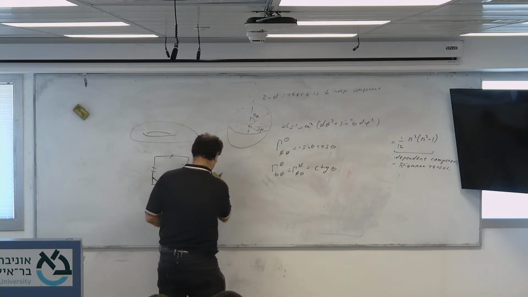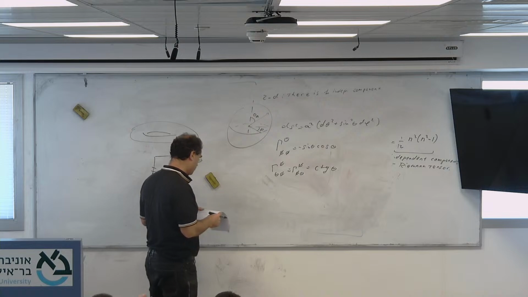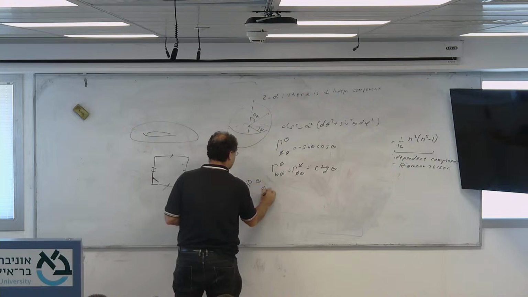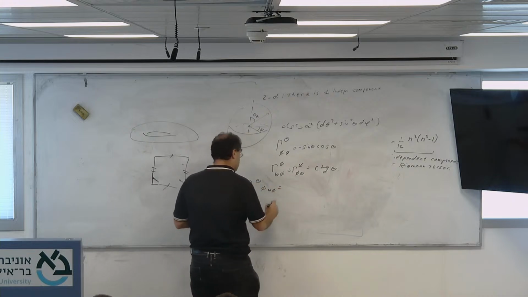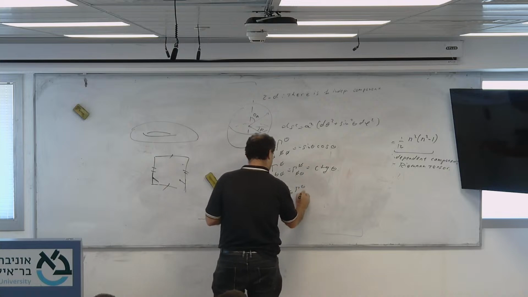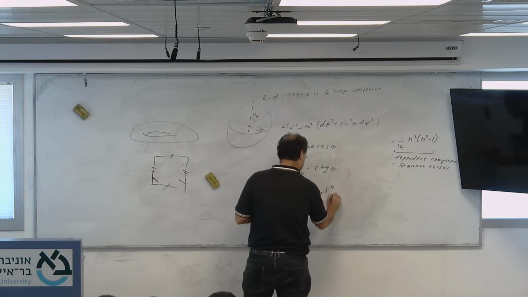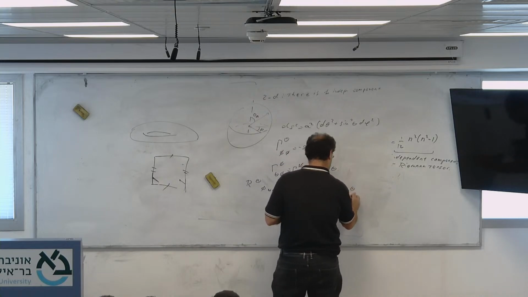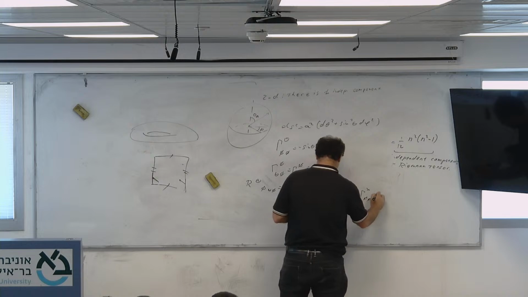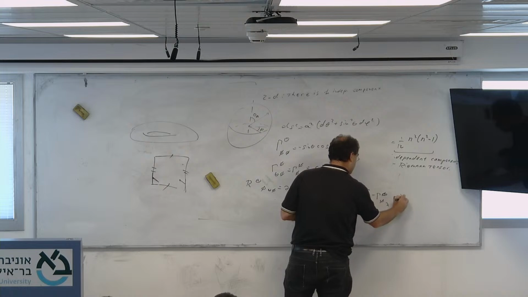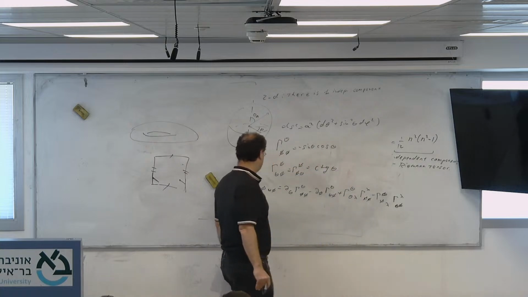And then, well, we just need one component of the Riemann tensor, really. So R theta phi theta phi is d theta gamma theta phi phi minus d phi gamma theta theta phi plus gamma theta theta lambda gamma lambda phi phi minus gamma theta phi lambda gamma theta phi phi.